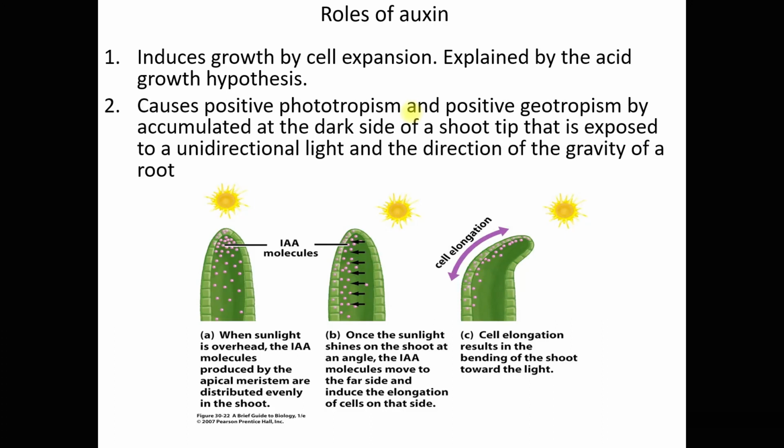And then auxin causes positive phototropism and positive geotropism, right? Which is something I didn't mention earlier. Positive geotropism by accumulating on the dark side of a shoot tip that is exposed to a unidirectional light, and in the direction of the gravity for a root.